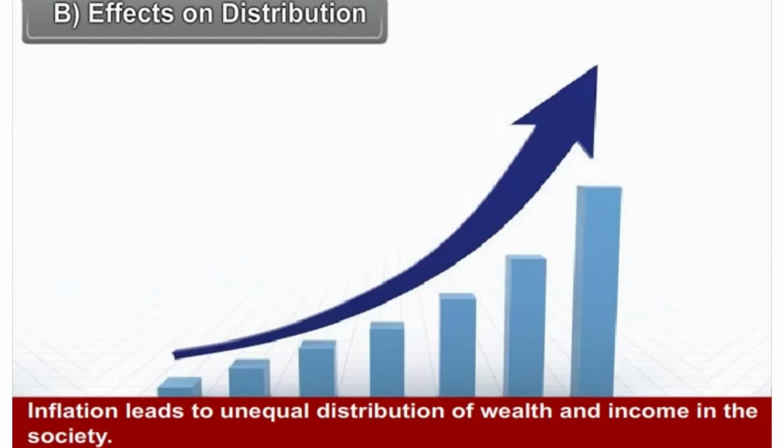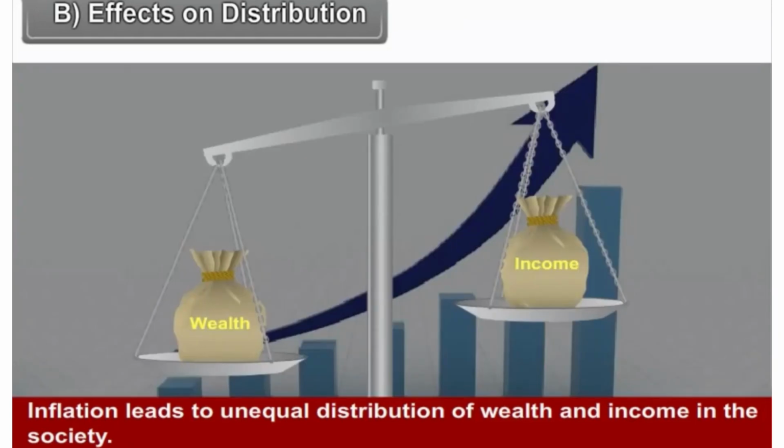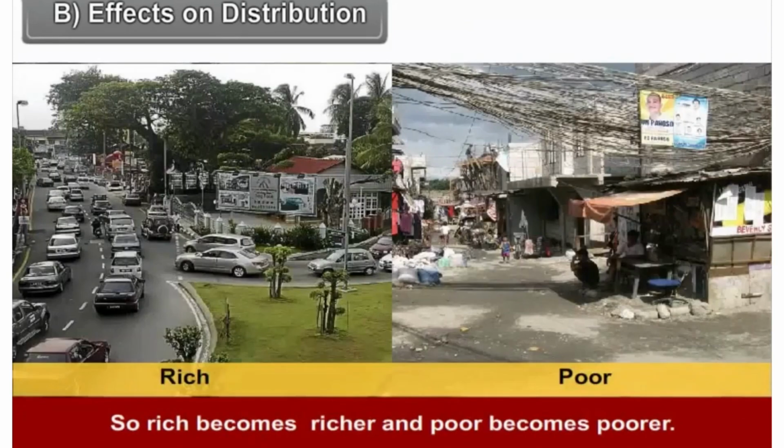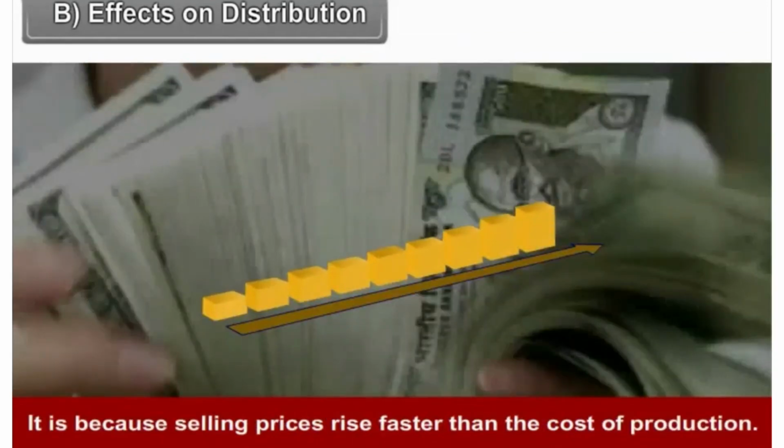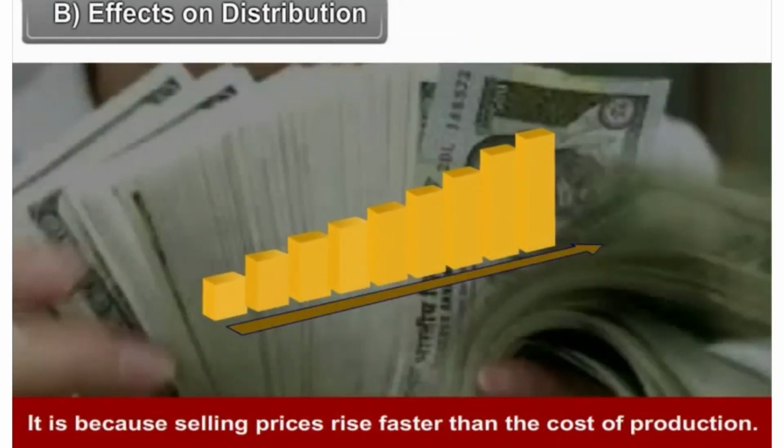B. Effects on distribution. Inflation leads to unequal distribution of wealth and income in the society. So the rich become richer and the poor become poorer. Entrepreneurs earn more profit. It is because selling prices rise faster than the cost of production.